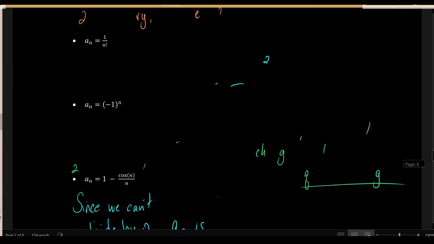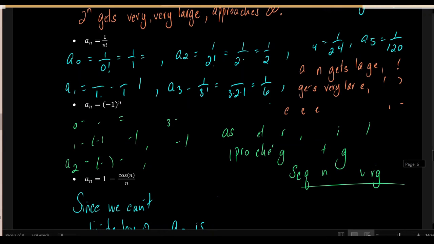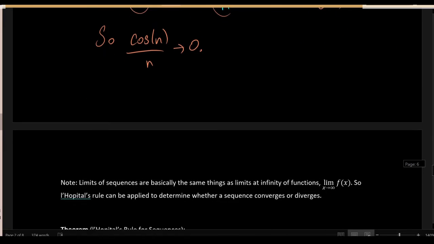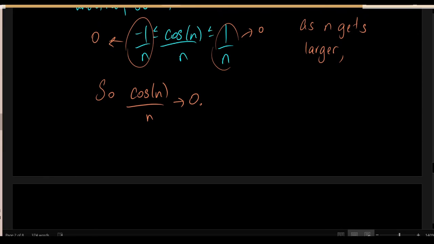Now let's look back at the actual formula for the sequence. A sub n was equal to 1 minus cosine n over n. Now if the cosine n over n part is going to 0, then all that will be left eventually is this 1 in the front.